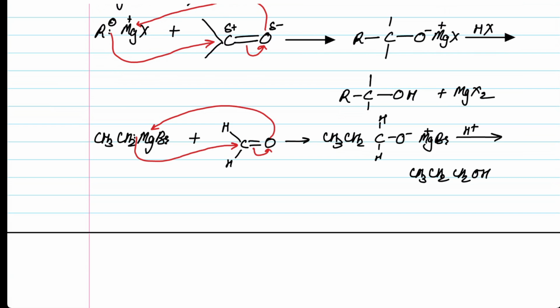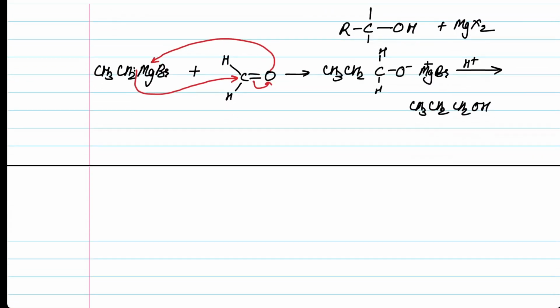So the reaction of the Grignard reagent with formaldehyde followed by acidification gives us a primary alcohol having one carbon more than the alkyl group of the Grignard reagent. So this is a step up reaction.